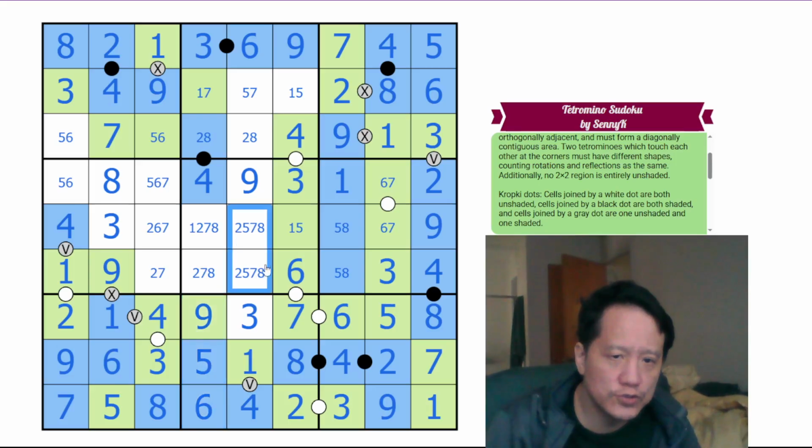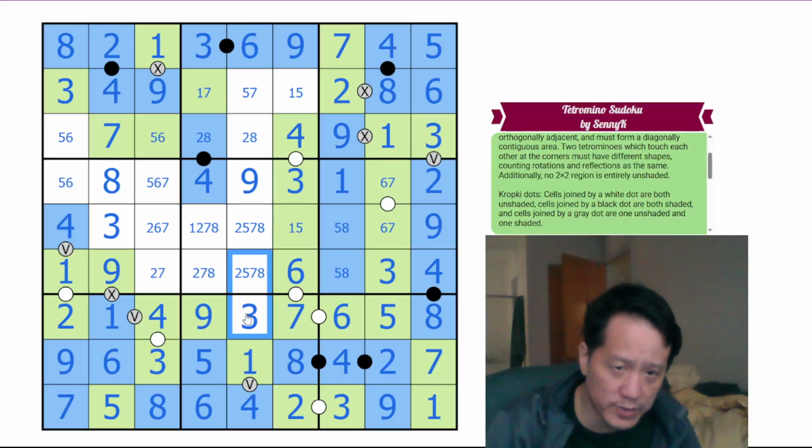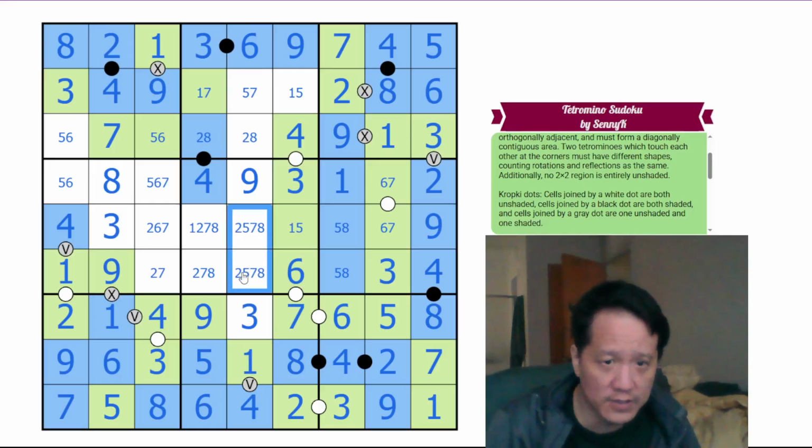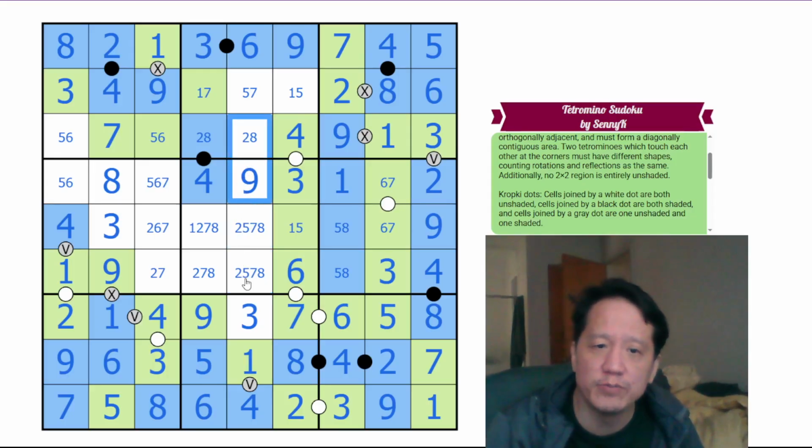One of these is guaranteed to be blue. One of these is guaranteed to be blue. One of these is guaranteed to be blue. One of these is guaranteed to be blue.